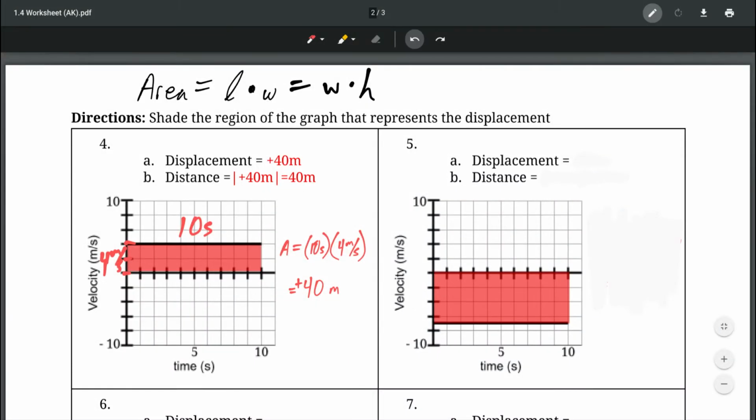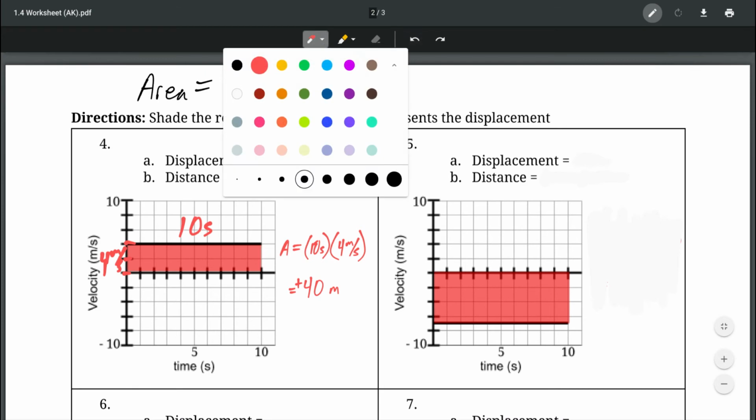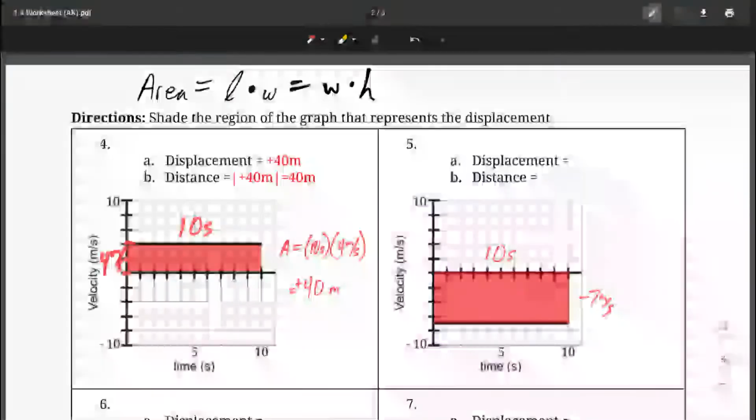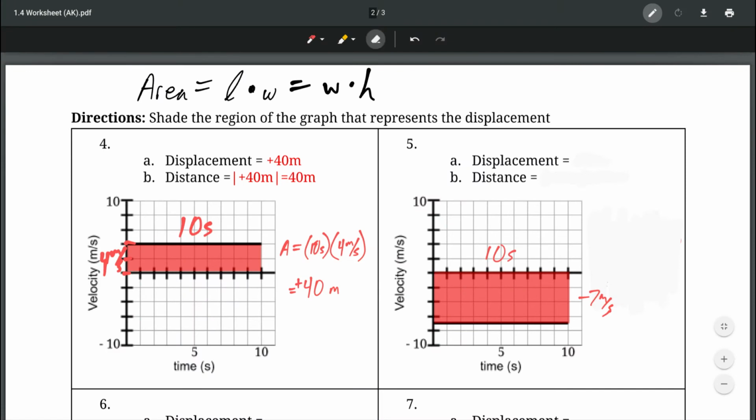The next problem has a width of 10 seconds and a height of -7 meters per second. And that's one somewhat bizarre thing that doesn't happen in geometry, but it does happen in physics, that if the velocity is a negative velocity, then that actually can make the area calculated by this rectangle a negative area, which just means that the object moved to the left.